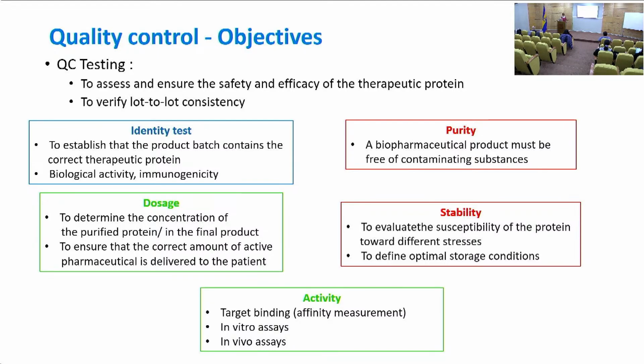The stability also, as we saw yesterday, and maybe I will give you another example today: during the development, the protein is submitted to different stresses. During the purification process, as I presented yesterday, for the monoclonal antibody, they are captured once the harvest is collected.